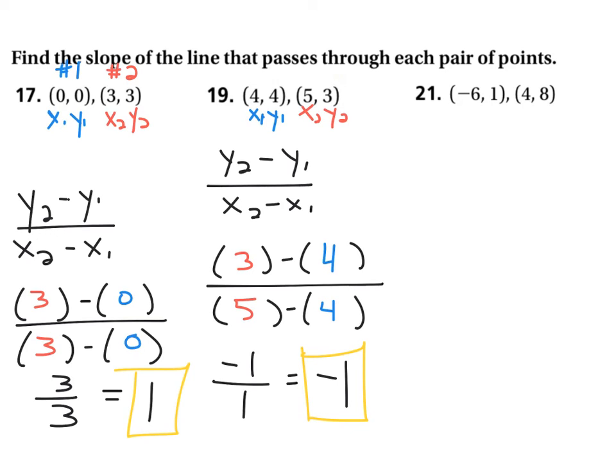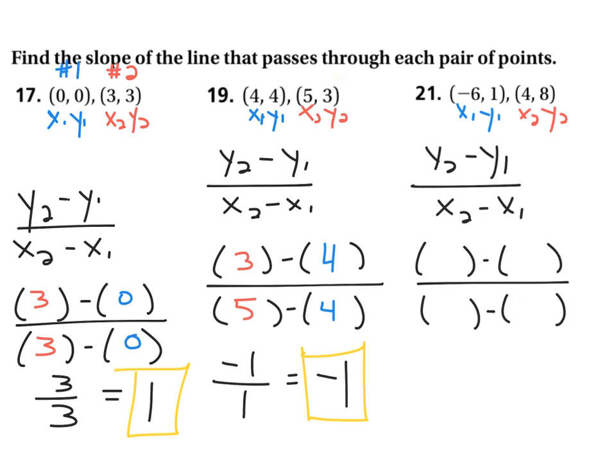I'm going to repeat the process one more time for number 21. So I've identified x1 and y1, x2 and y2, and here you see I've again rewritten the original formula, y2 minus y1 over x2 minus x1. Always a good idea to start with that, and then we put parentheses wherever we're going to be substituting in a value.